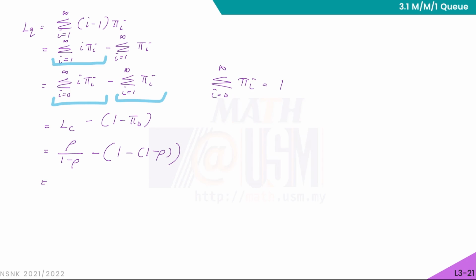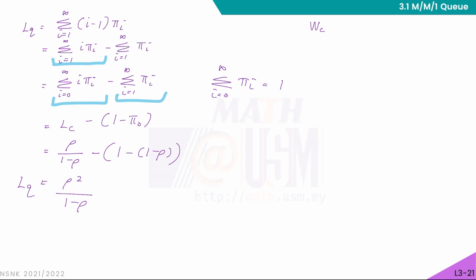Simplifying this, you should get rho square over 1 minus rho. So that is the value for your LQ. Now that we have determined our LC and also LQ, we can use Little's formula to determine our WC and WQ.